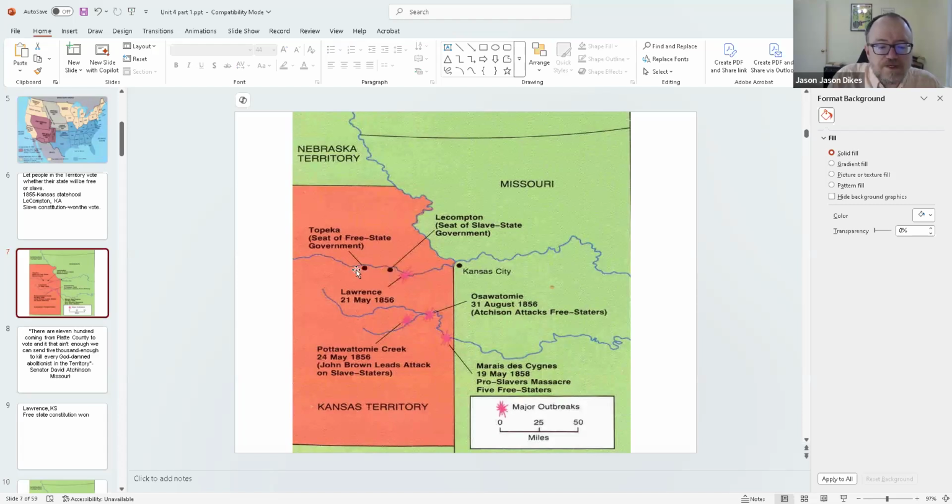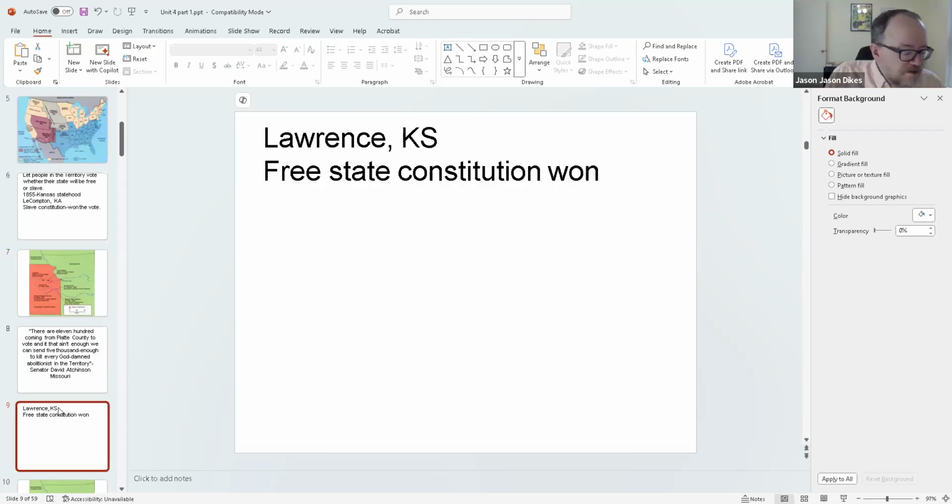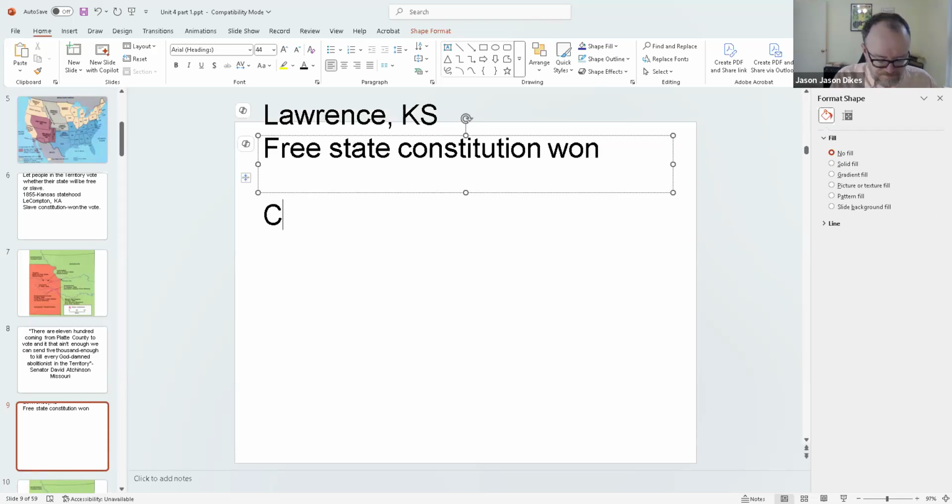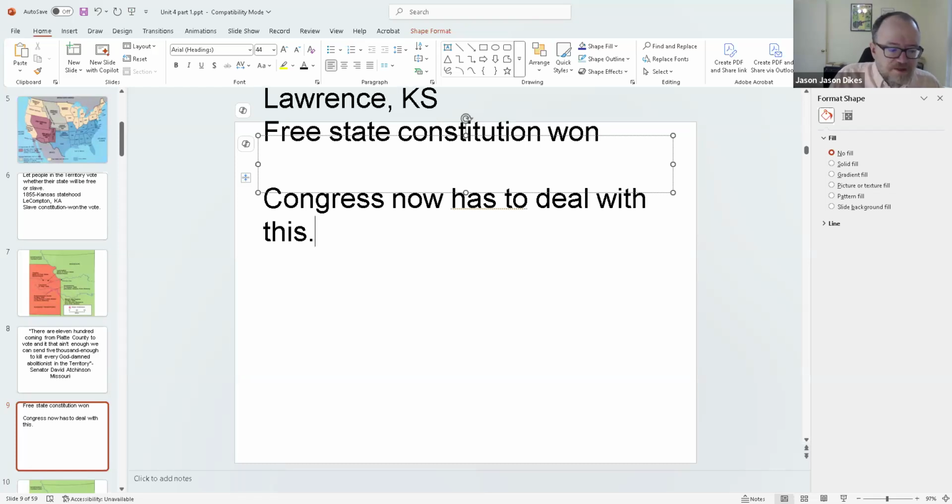Lecompton and Topeka are both claiming to be the capitals of Kansas. They have two governors, they have two constitutions, etc. Now, this is Congress's problem to deal with, right? Congress is responsible for admitting states. But we'll get to that story in a second.